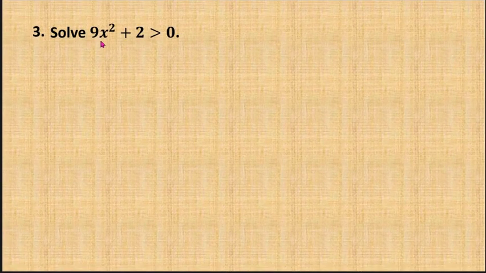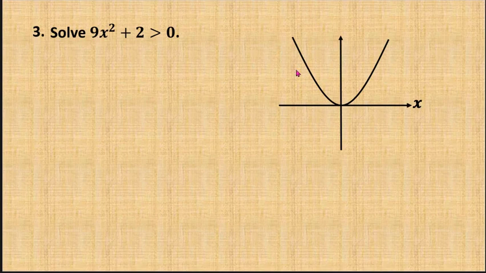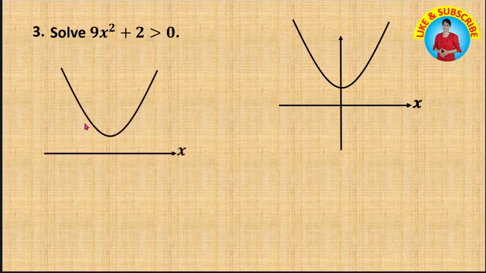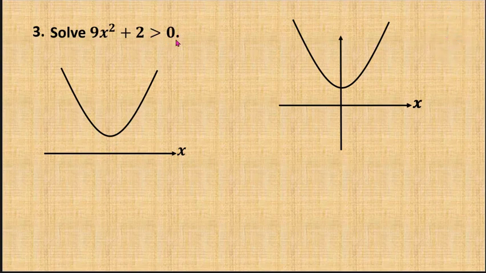Next example. To obtain the graph of this quadratic, 9x squared plus 2, I simply shift the U-shaped curve upwards by 2 units. Then I'm going to mark the region of the inequality. Since the inequality is greater than 0, I should mark the region of the graph which is above the x-axis.